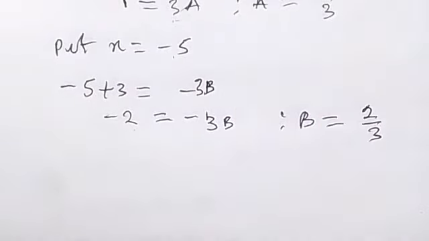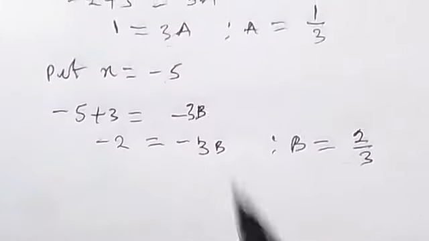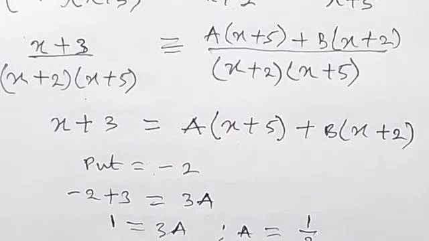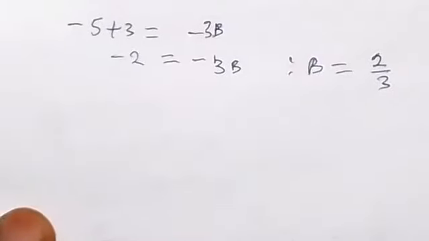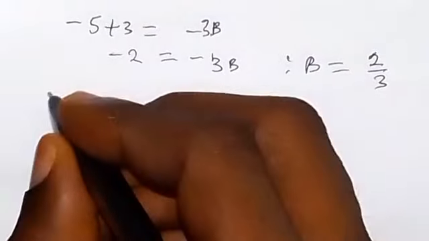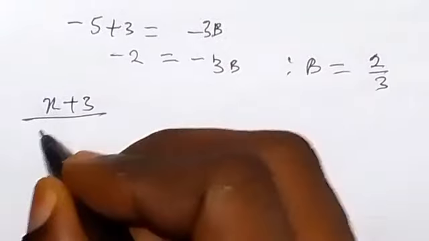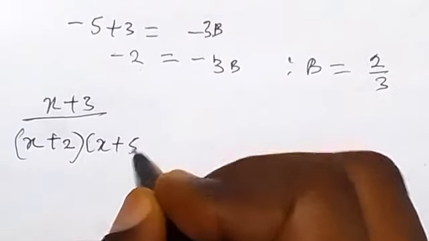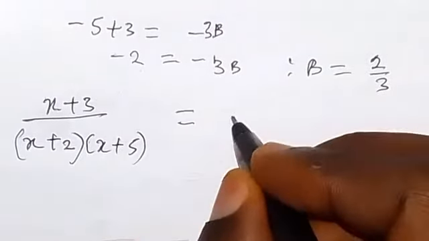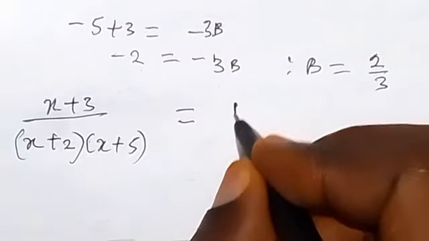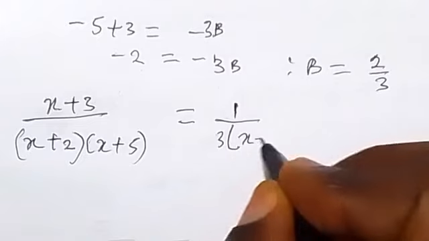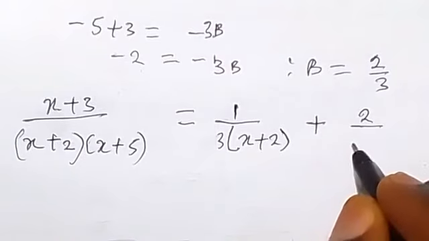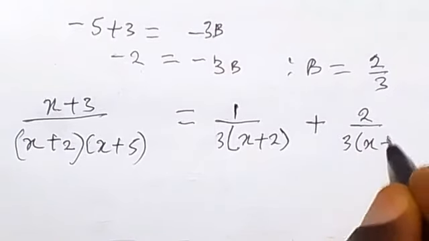So we can now rewrite the partial fraction given. We can rewrite our integrand, which is (x + 3) over (x + 2)(x + 5), and say this equals a, which is 1 over 3, written as 1 divided by 3 times (x + 2), then plus b, which is 2 over 3, that's 2 divided by 3 times (x + 5).